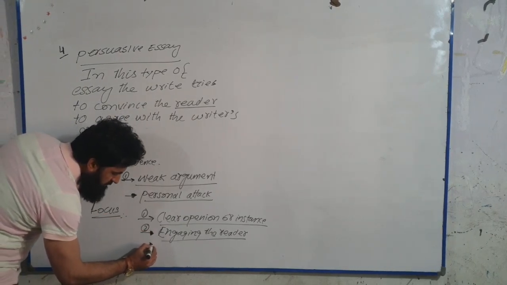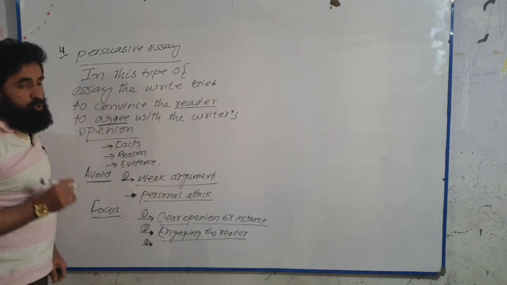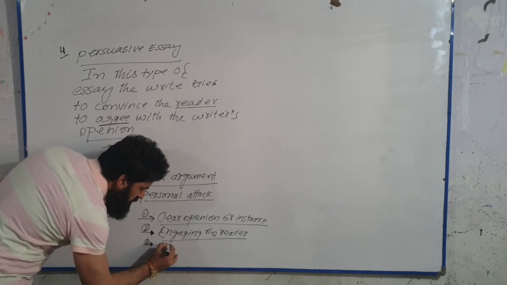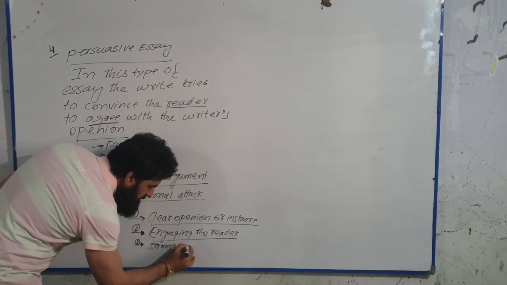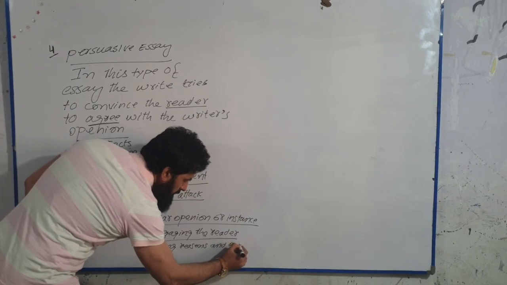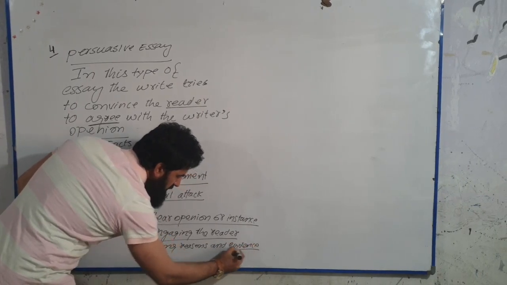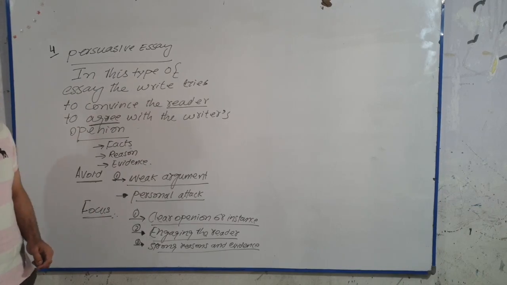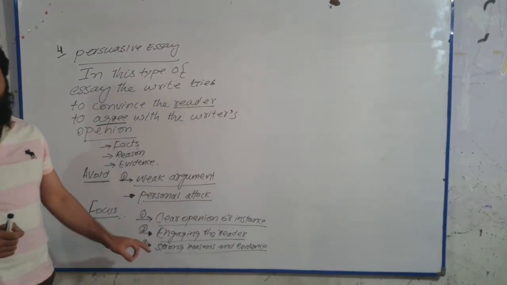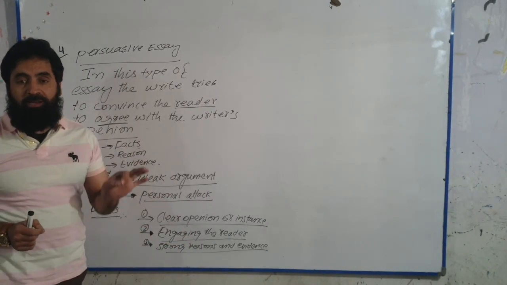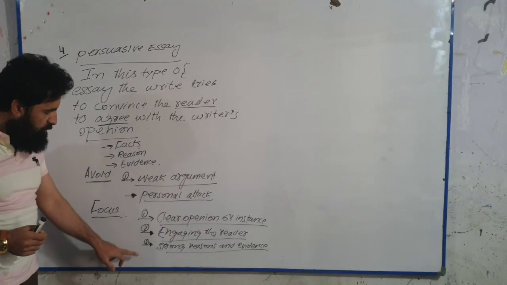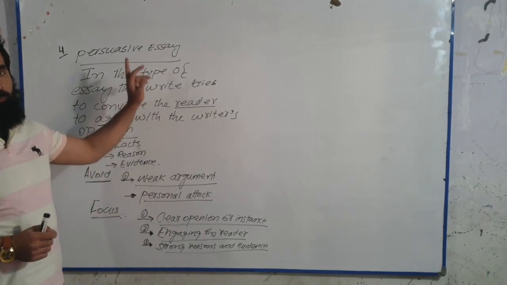The writer should provide strong reasons and evidence. The writer should provide facts, reasons and evidence to convince the reader to agree with the writer's point of view. समझते हो कि नहीं? Got it? So this is the third one that should be focused on.